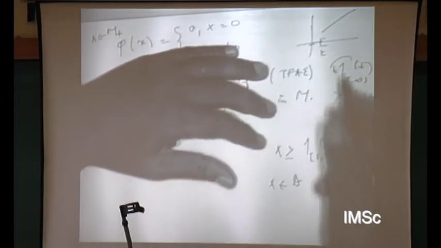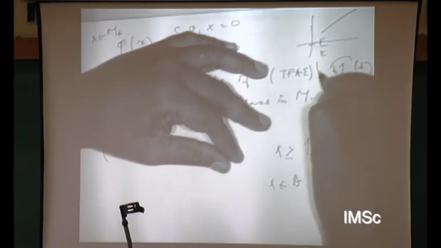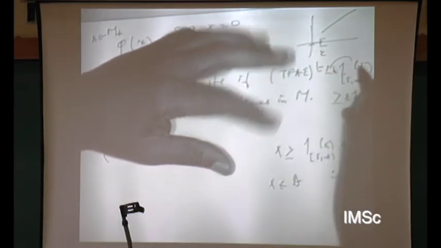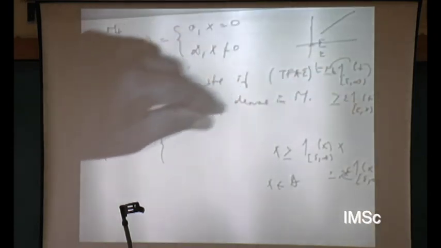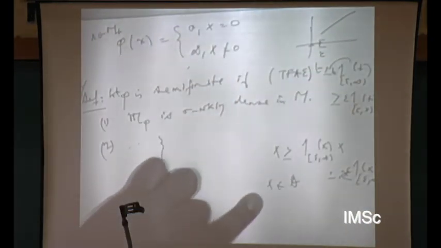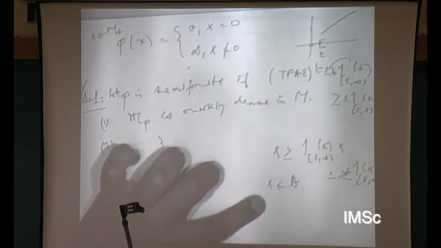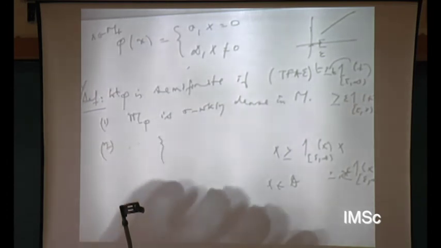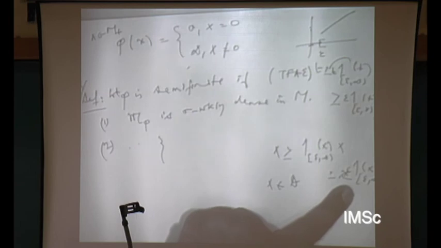See, f of t is greater than or equal to t times some indicator function. So x is greater than this, so x is in D. If phi of x was finite, then phi of this must be finite.